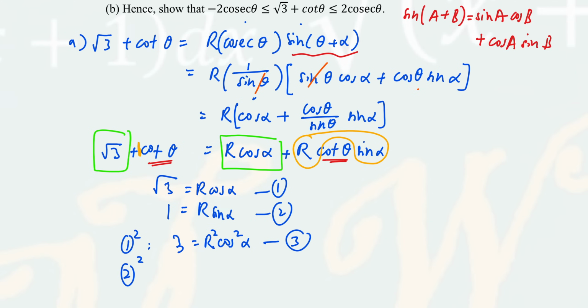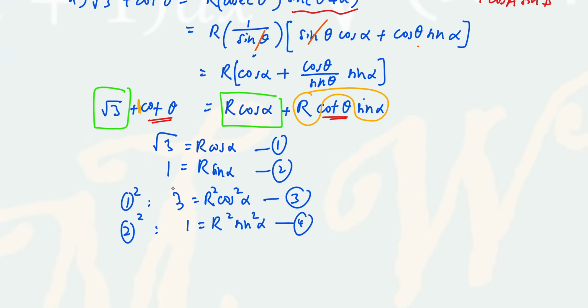And I square the second equation, that's going to be 1 equals to r squared sine squared alpha. So now I will add up these two equations, the third plus the fourth equation. So you will be getting 3 plus 1 is 4, then r squared cos squared alpha plus r squared sine squared alpha.